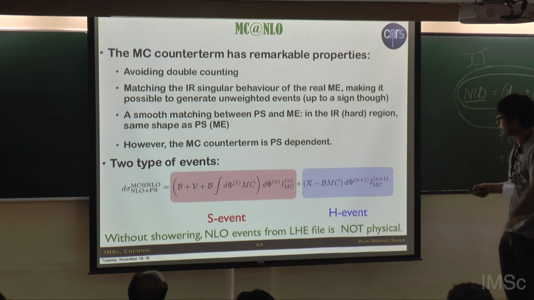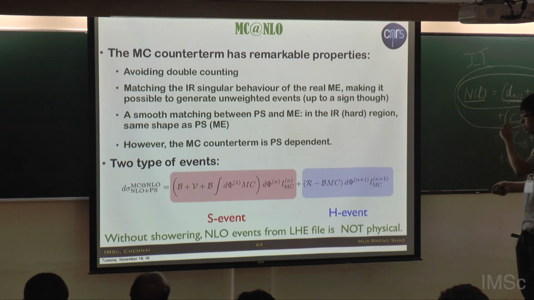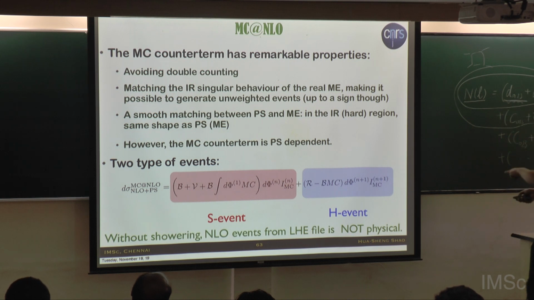Unless you know all the details of the shower, they are exactly the same. If you want to avoid double counting, you need to do the same matching and the same shower. So remember, do not blindly use the Les Houches event file that is generated without showering.